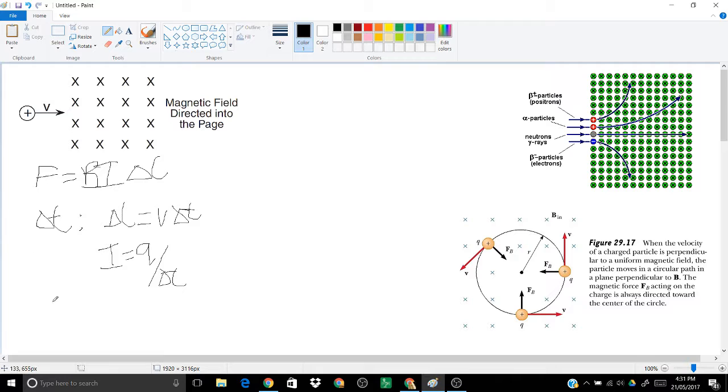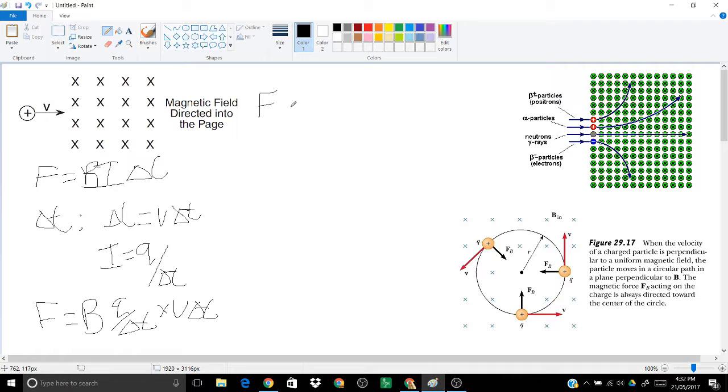Okay, so what you actually end up with is this equation. Let's substitute what we just discussed in there. Keep the magnetic field strength B, and I is charge over time, times delta L, which is V delta T. So I'm going to write the formula for the magnitude of the force on this charge entering the field.